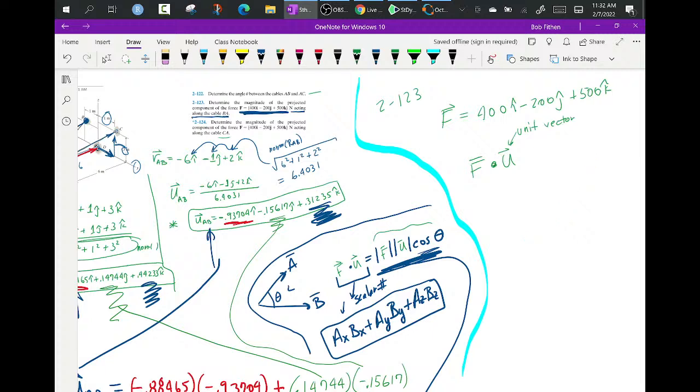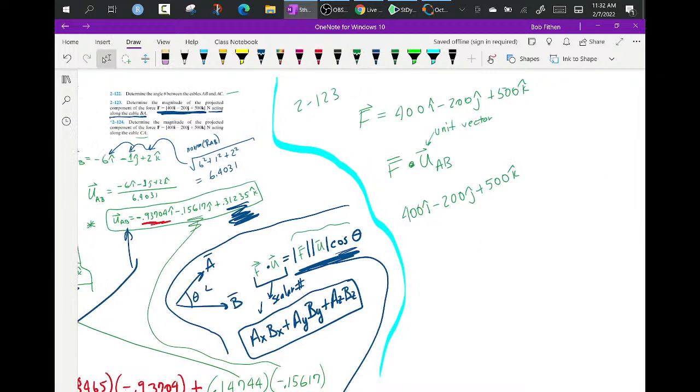Since I already have U, and he wanted to know AB, I'm going to do it in longhand a little bit. 400 K dotted with, okay, now we'll just copy this across: 0.93704 I, 0.1560, no, 17 J plus 0.31235 K, and you dot those.